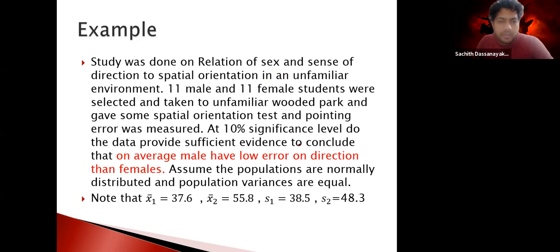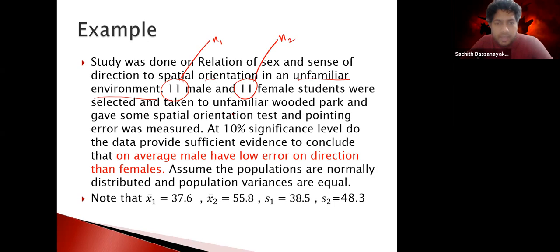Let's check this example. I think this is the only example that I have. This study is based on gender, about their sense of direction, spatial orientation in unfamiliar environments. There are 11 male and 11 female students. The male count let's say n1, and the female count I'll consider n2.